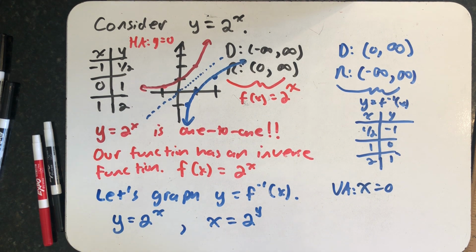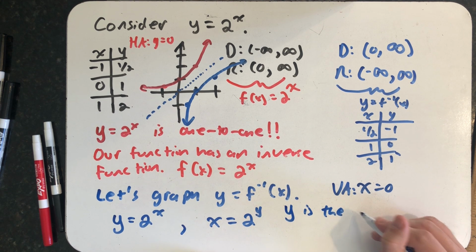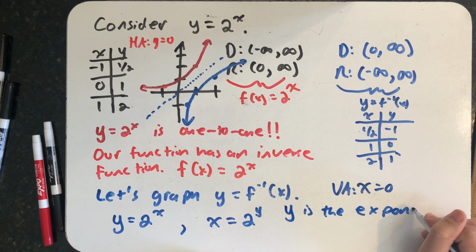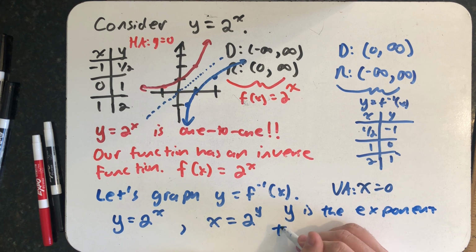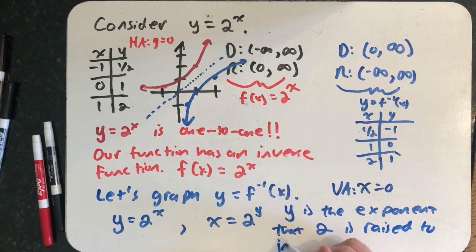Well, if I think about this, y is the exponent that 2 is raised to in order to get x. That's what the inverse function is going to be. Whatever we write down, y equals the exponent that 2 is raised to in order to get the number x.